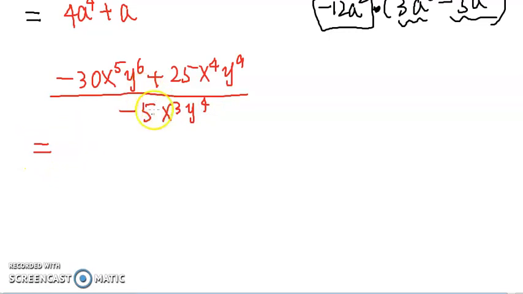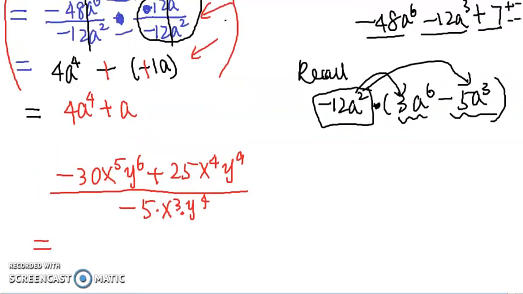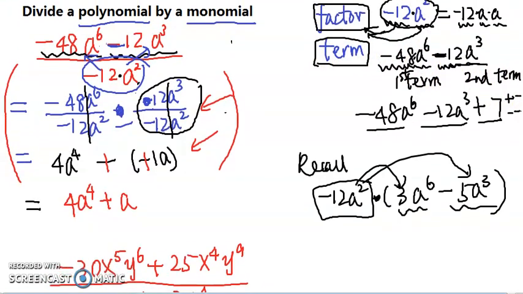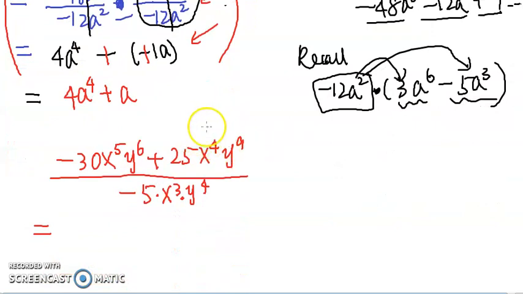So as we can see, it's the same type. The bottom has one term. It's because it's all multiplication. That's considered as one term. So remember, terms are separated by addition or subtraction. If we only have multiplication, that's considered as one term. But the top has a plus right here. So that tells us there are two terms.